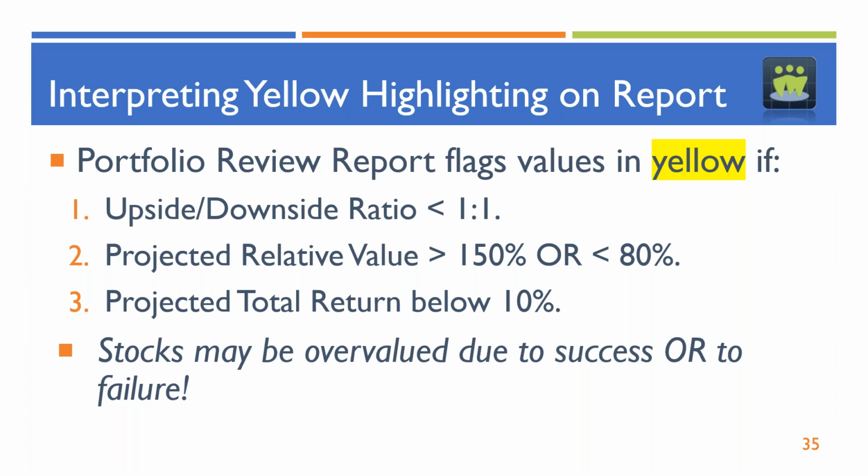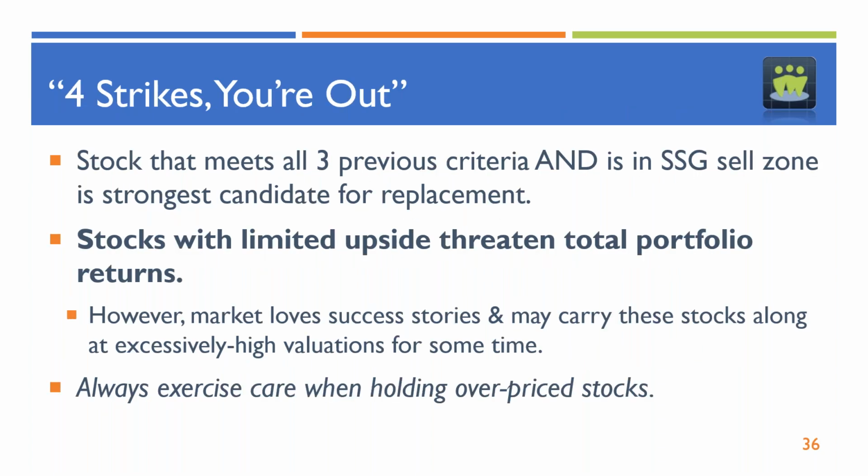Whereas in the market, earning 5% return, there is the potential of you losing quite a lot of money, the nature of investing in equities. So projected total return below 10% is also another flag. So those are the rationale for those three flags highlighting on the portfolio review report.